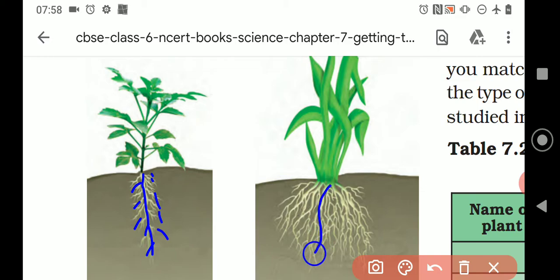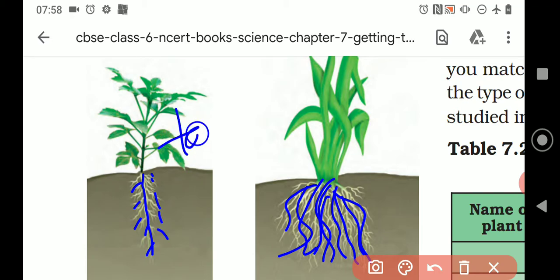Here all the roots are of the same size and there is no main root. So the first one is tap root, the other one is fibrous root. Okay children?